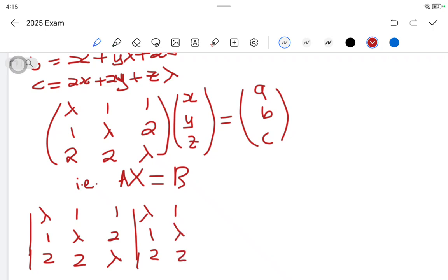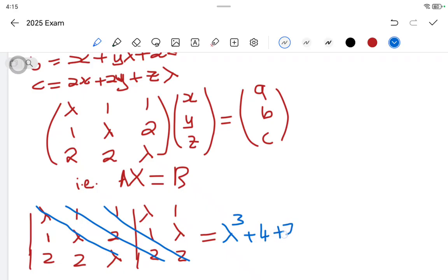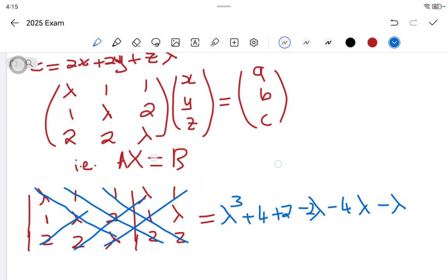You can use any method of determinant, right? It's up to you. You multiply this, multiply this, multiply this. It's going to be lambda cubed plus 4 plus 2 minus 2 lambda minus 4 lambda minus lambda.